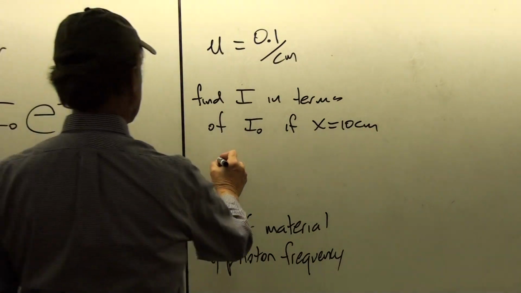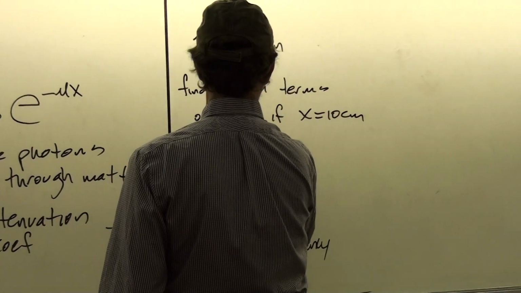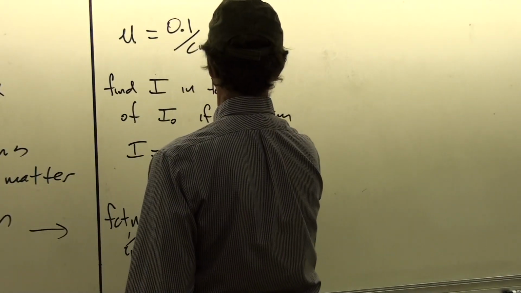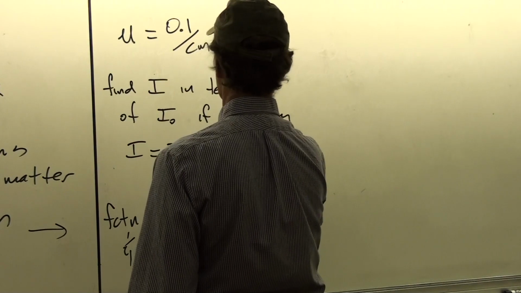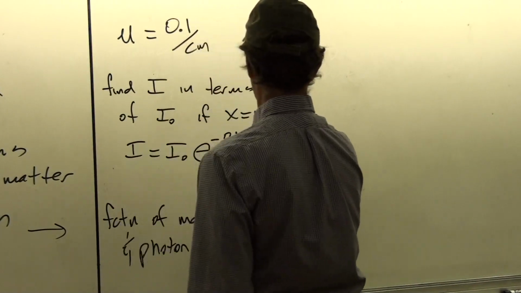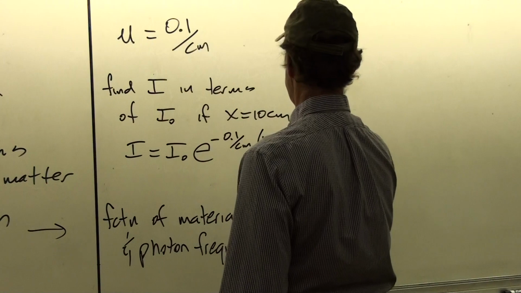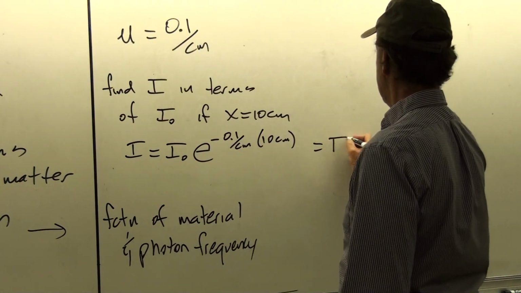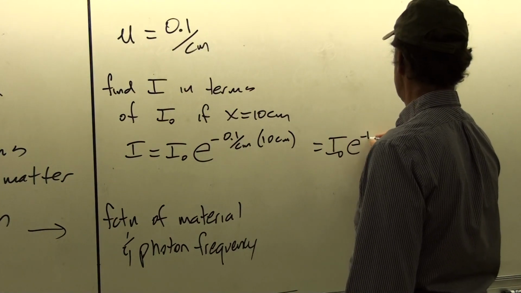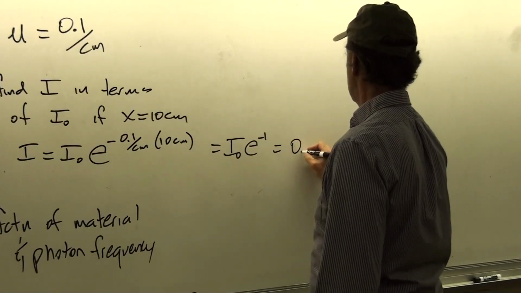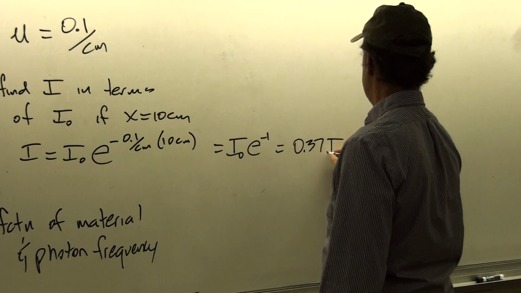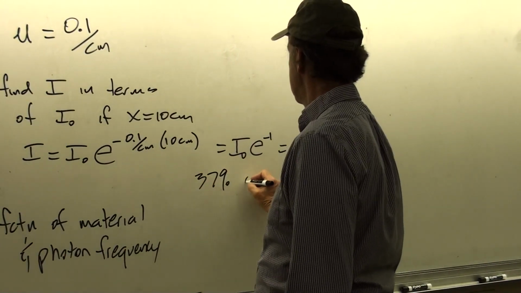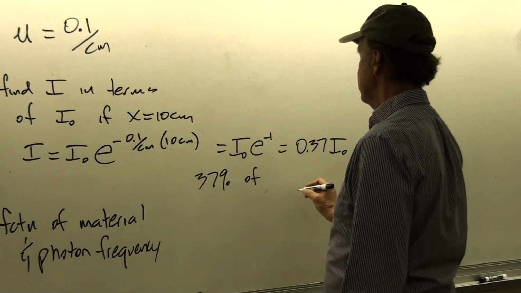Okay, so we could write then that I equals I naught times e to the minus 0.1 per centimeter times 10 centimeters. That would be 0.1 times 10, which is just 1. So that would be I naught times e to the minus 1, or that would be 0.37 I naught. So that means that 37% of the photons make it through.